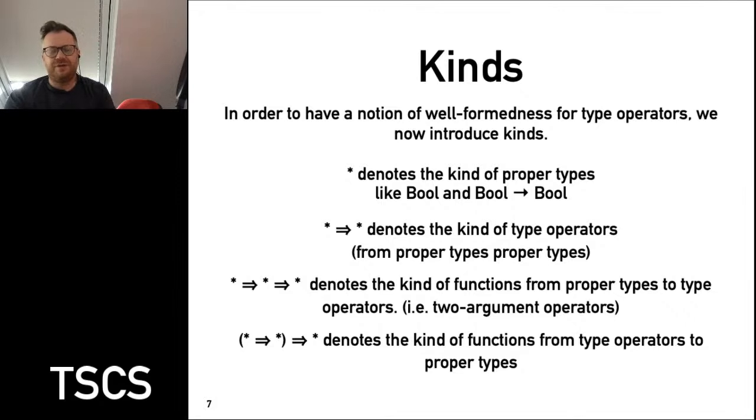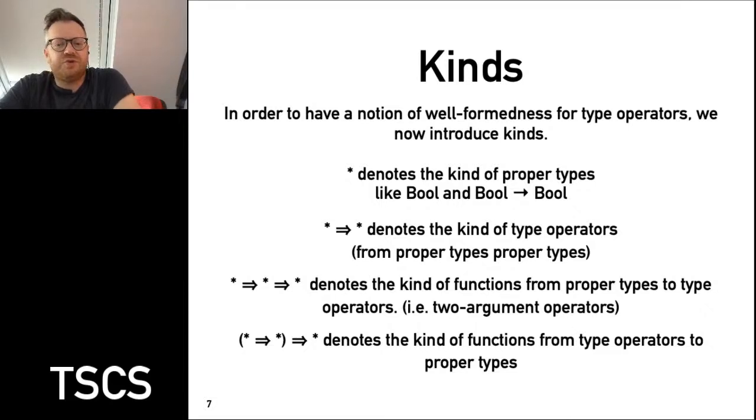Then you can construct multiple things with that. It sounds a little silly to read it out loud, but that's the syntax we have right here. Star, arrow, star, arrow, star denotes the kind of functions from proper types to type operators. So you have a proper type that gives you a type operator, which maps a proper type to a proper type.